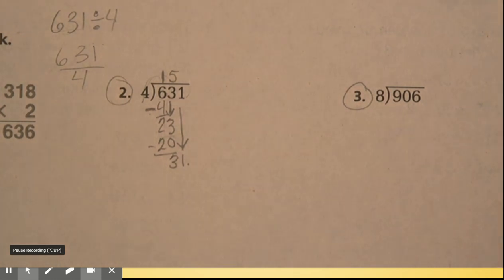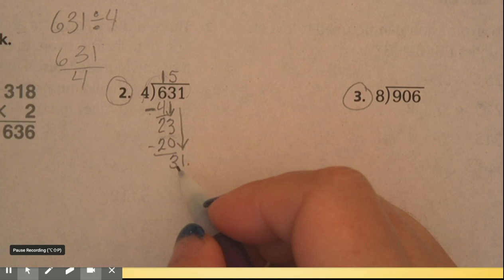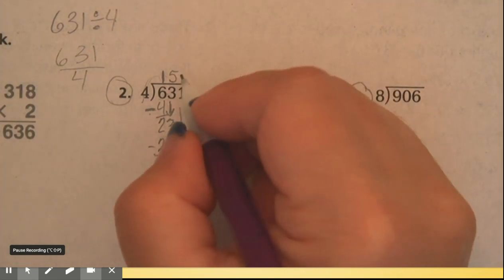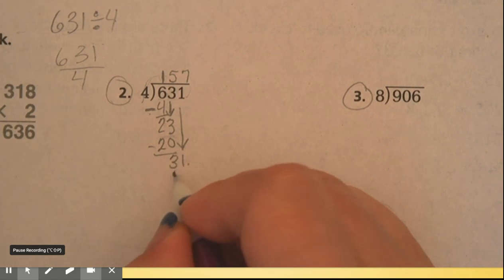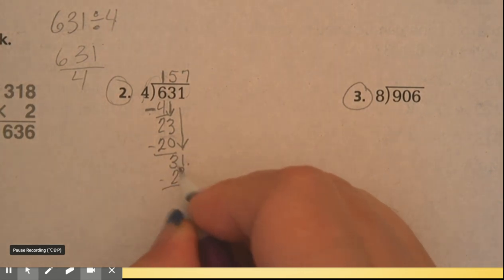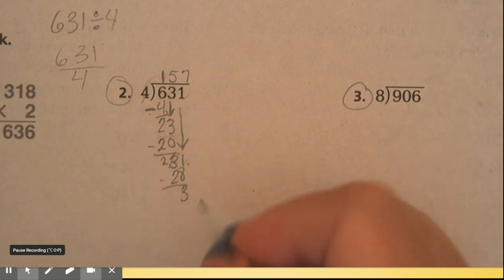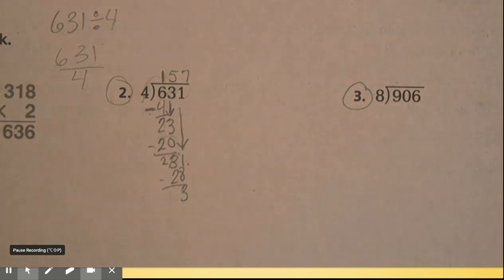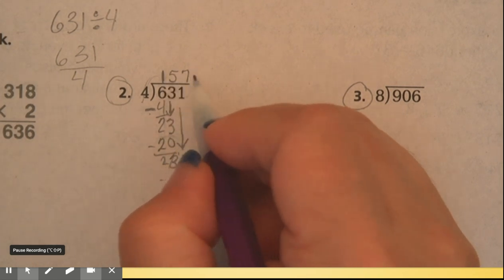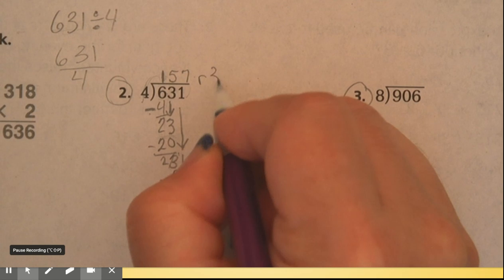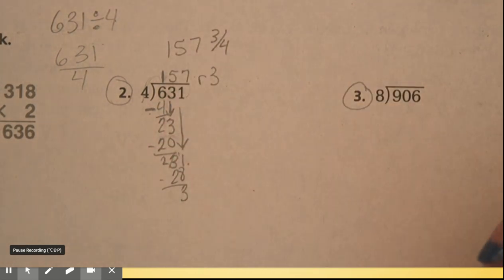Now we have 4 jumps in the box, sees a 31, and it is going to pull out a 7. 4 times 7 is 28, and it's left with 3. 3 left over. So in your homework or your classwork, it should have said 157 R 3 or 157 3/4.